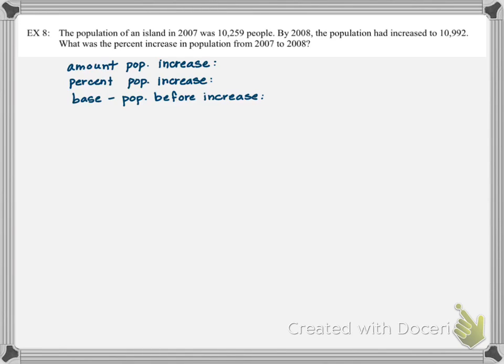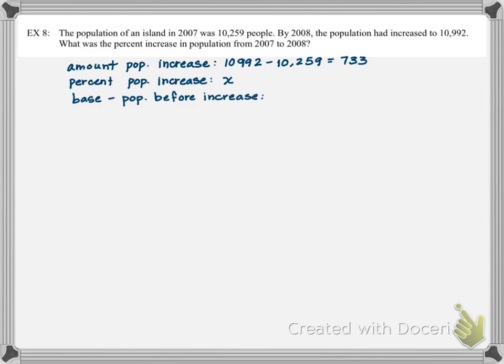What is the amount of the population increase? Right, we got that by just subtracting, right? So we did 10,992 minus 10,259. You said it was 733. And then the percent of the increase, we don't know.